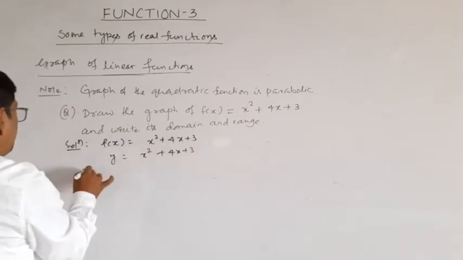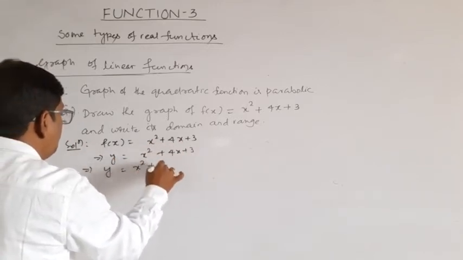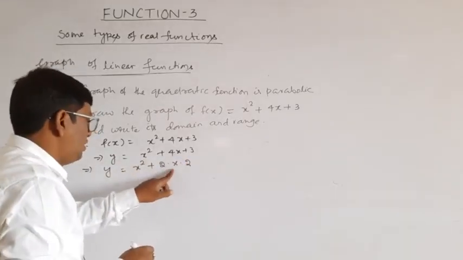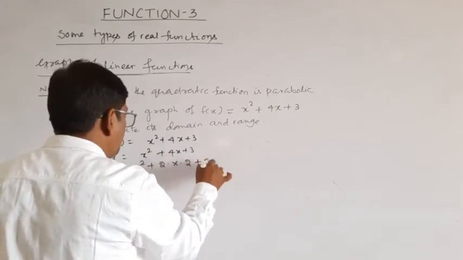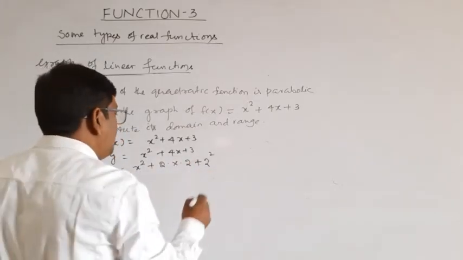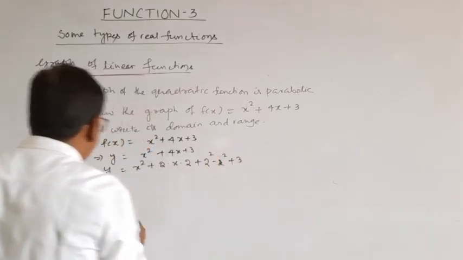This can be written as y is equal to x square plus 2 into x into 2, like a square plus 2ab plus b square. Here plus 2 square, we have to balance it, so minus 2 square, and this is 3, and this is equal to what?